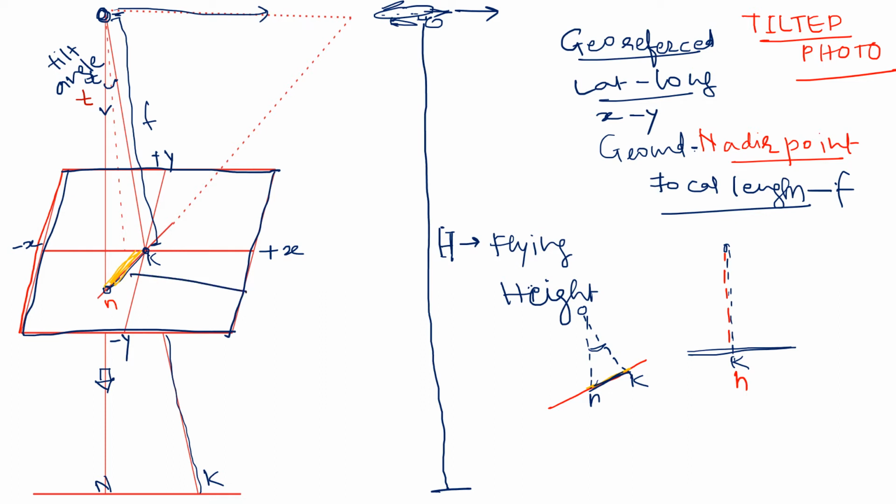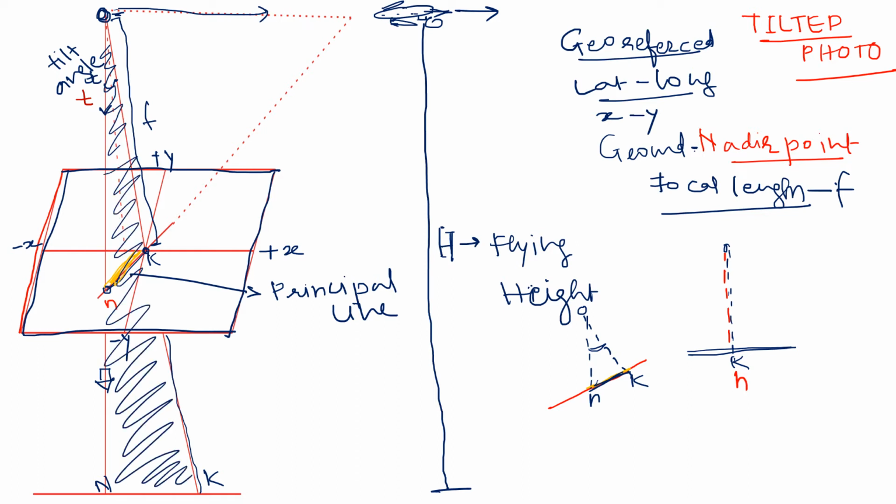This line is called the principal line, while the plane formed by angle O, this entire plane, is called the principal plane. This is the plane formed as the principal plane, and this line is called the principal line.